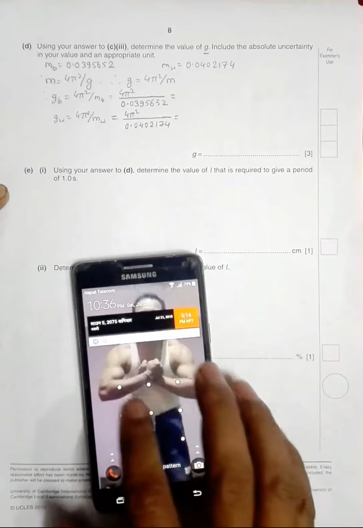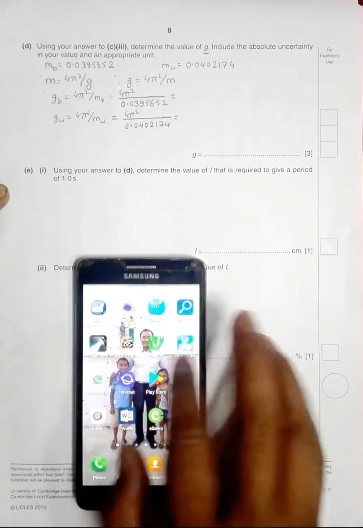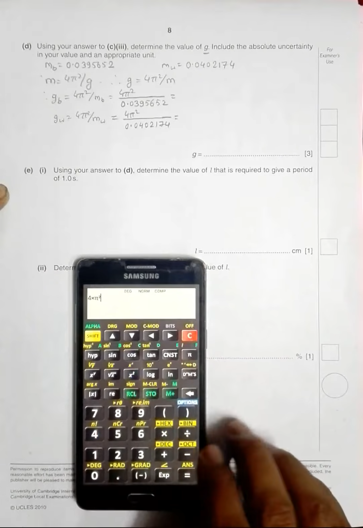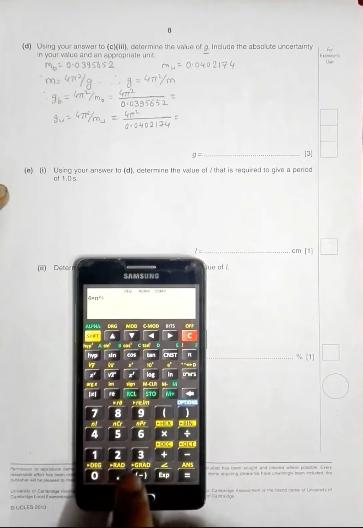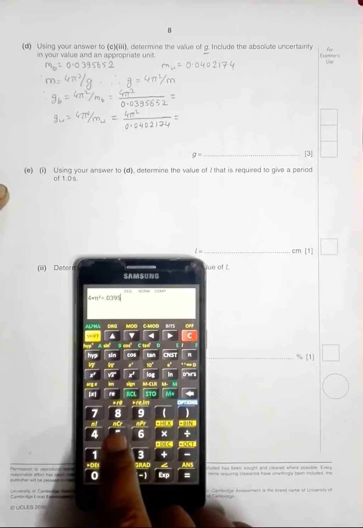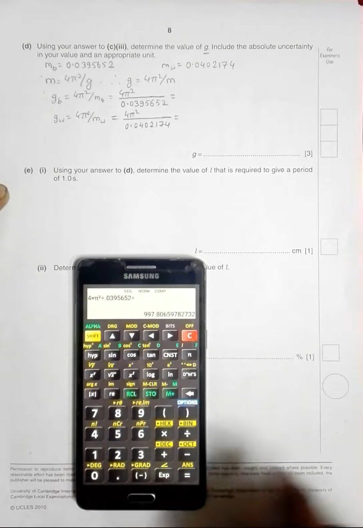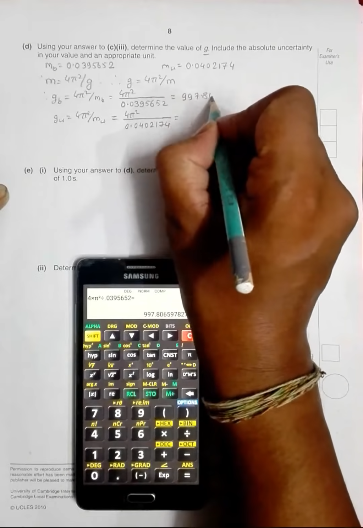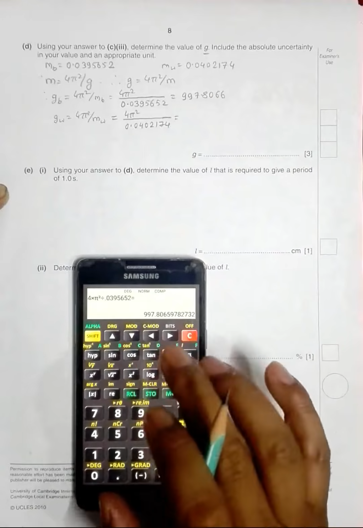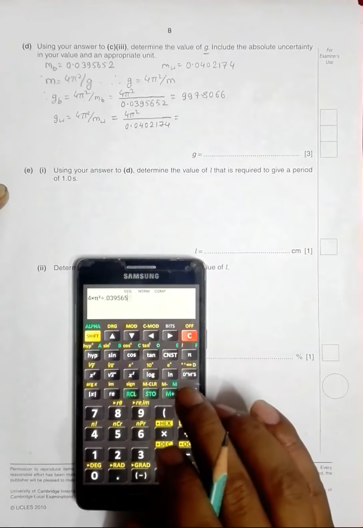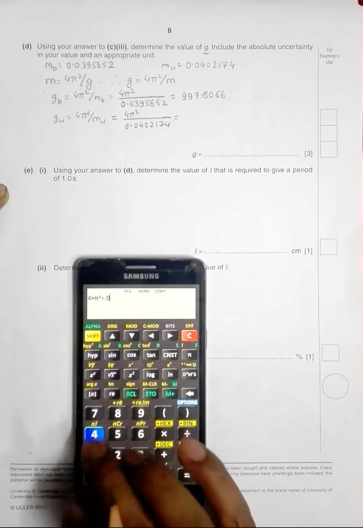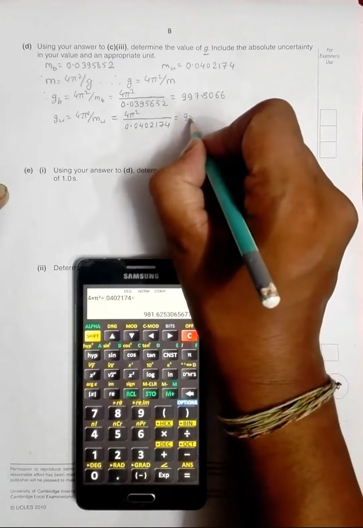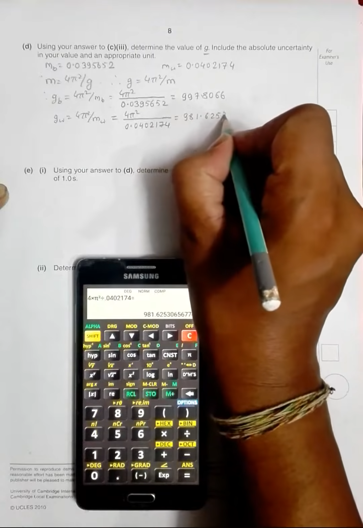So the values should be somewhat like this. 4 into pi square divided by 0.039565 equals 997.8066, and the other value, divided by 0.040217, equals 981.6253.